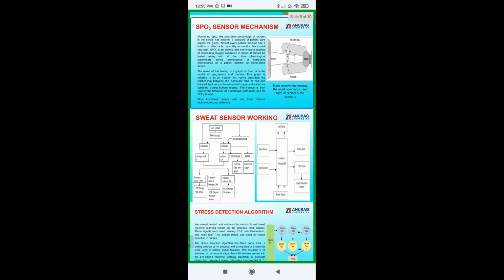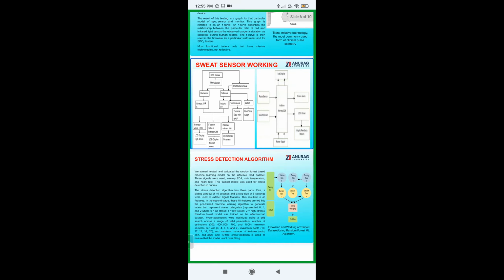So as you can see, this is the sweat sensor model. The first is the hardware components of the GSR sensor, that is the galvanic skin response sensor. In the hardware, we are going to use the ATmega 823 or ATmega AVR, depending upon the cost. For the software, we will choose the Arduino integrated development environment.